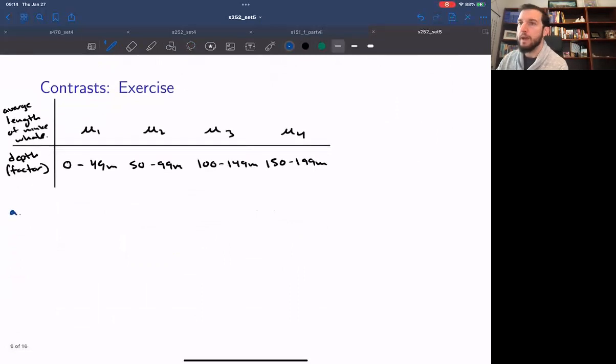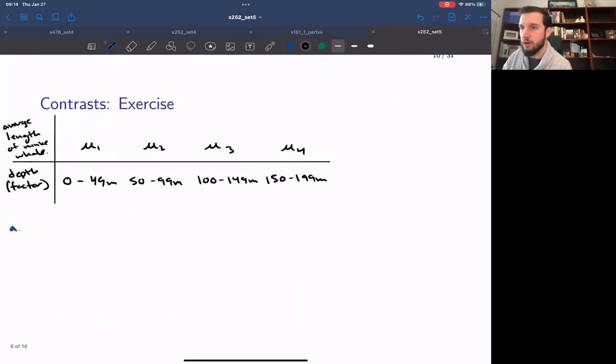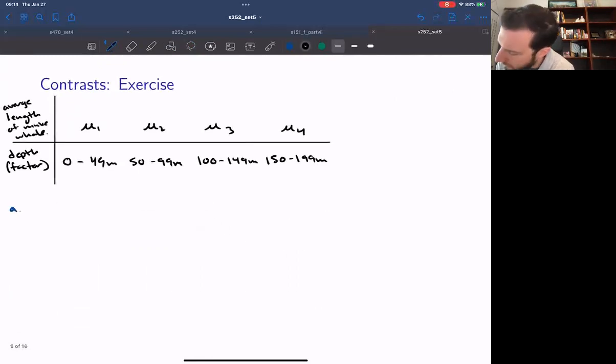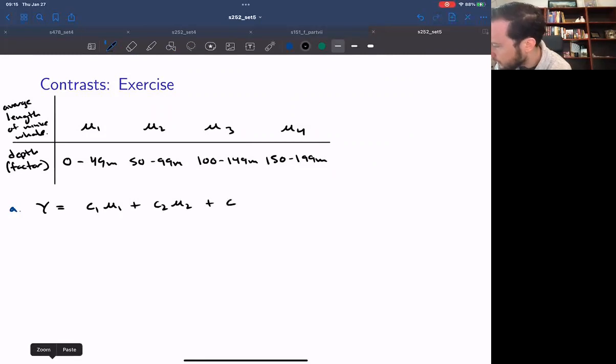All right, so the way that this is going to work is first, we'll define the general form of the contrast. So we're going to have gamma is equal to C1 mu1 plus C2 mu2 plus C3 mu3 plus C4 mu4.